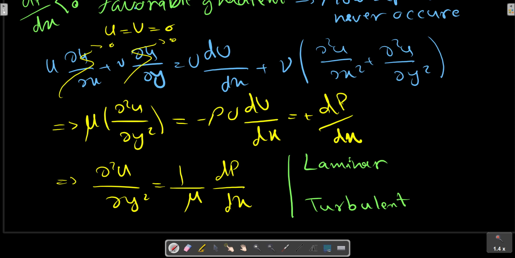Let's rewrite the equation here. So let me write again the relation obtained, for either laminar or turbulent flow. Thus, in an adverse gradient, the second derivative of velocity is positive at the wall, yet it must be negative at the outer layer.